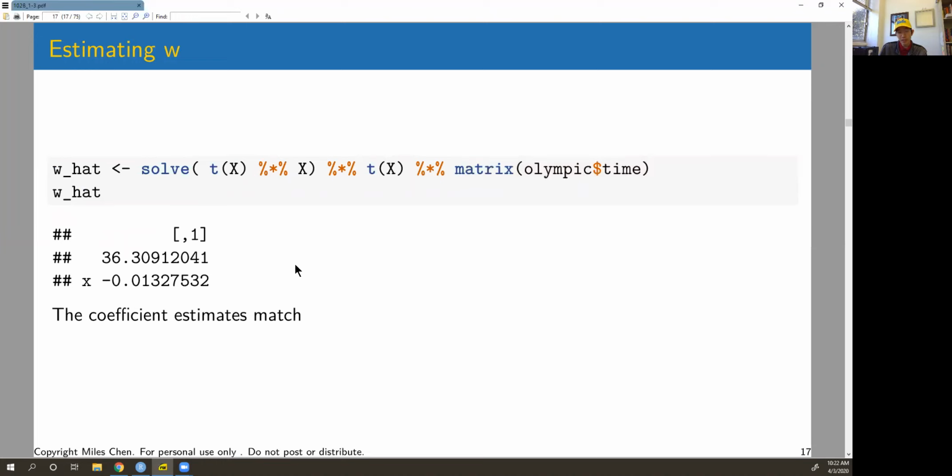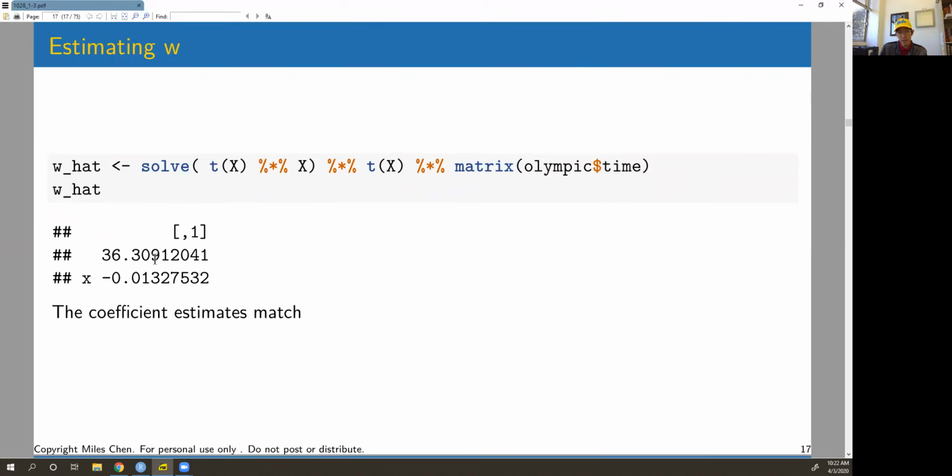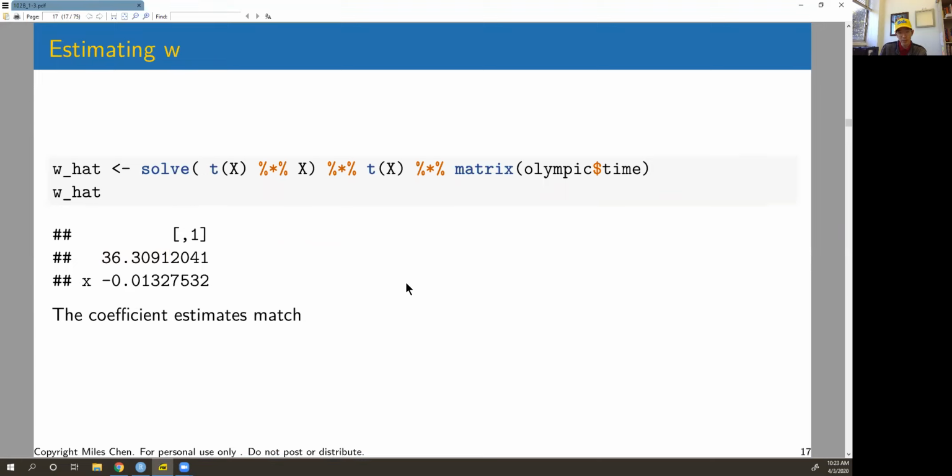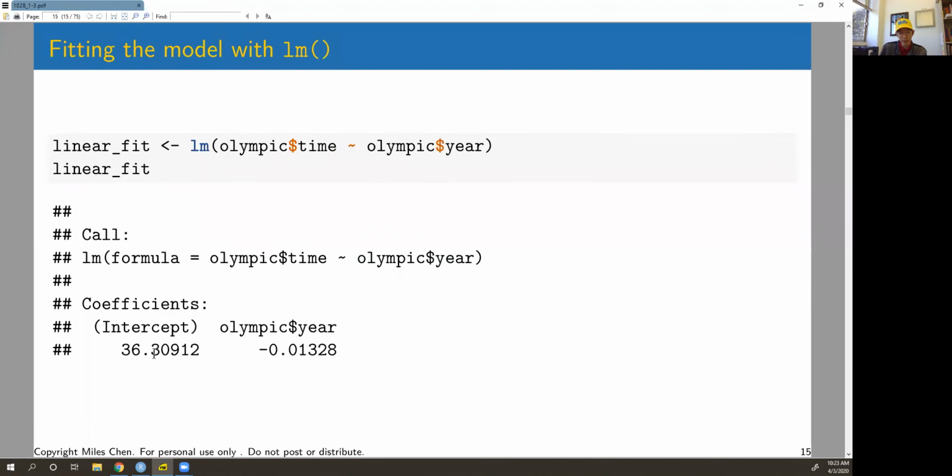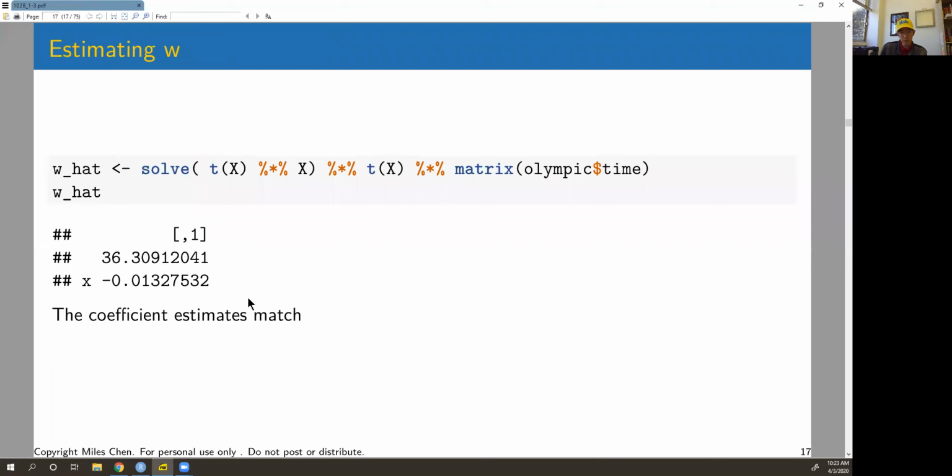And it says we predict our intercept to be 36.309 and our slope to be negative 0.01327, which is exactly what we have here, 36.309 and negative 0.01328. The slope is 0.013275, so that rounds up to 0.01328. These coefficient estimates match exactly.